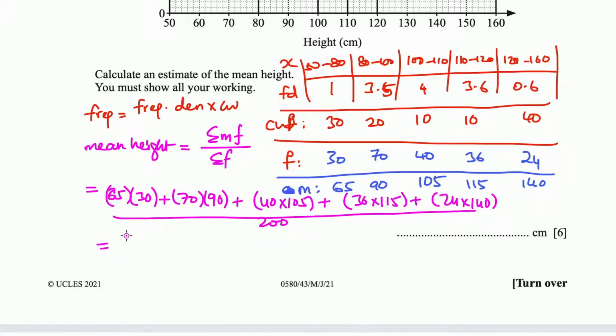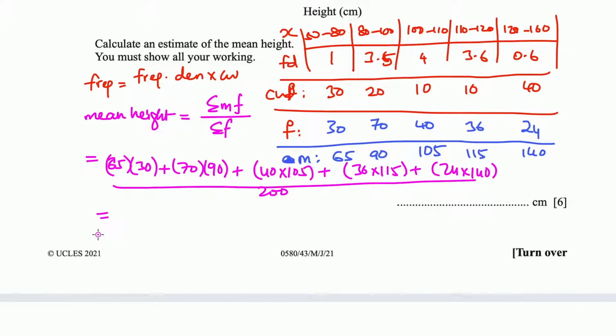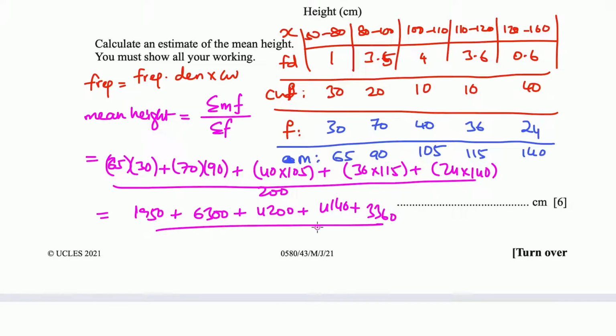And what are the values? 65 into 30 is 1950, 70 into 90 is 6300, 40 into 105 is 4200, 36 into 115 is 4140, and this is 3360 divided by 200.